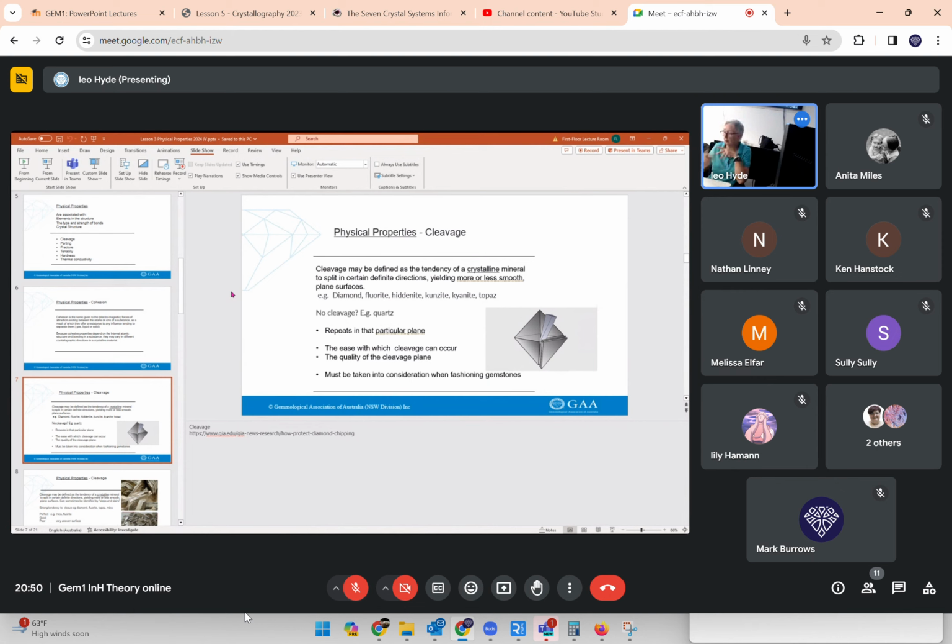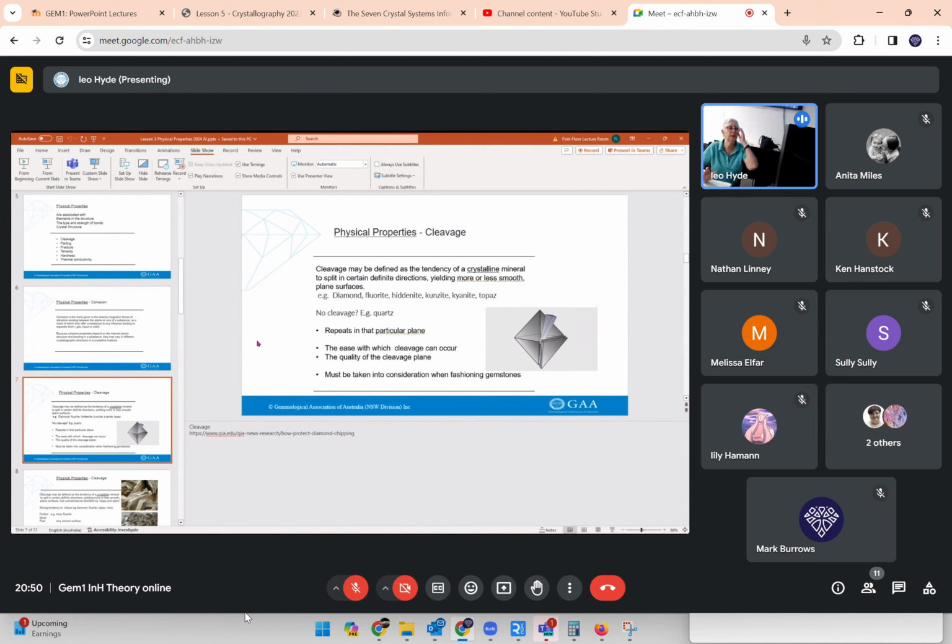Now that means it will break in a direction that has a weakness. It is a weaker bond. So, thank heavens, with a diamond, we may want to cut a diamond. We have to find that direction of weakness to actually be able to cut a diamond into two pieces, by putting a wedge in and hitting it with the hammer and hoping it splits and not shatters.